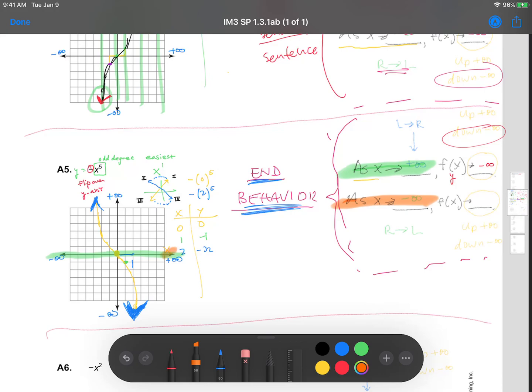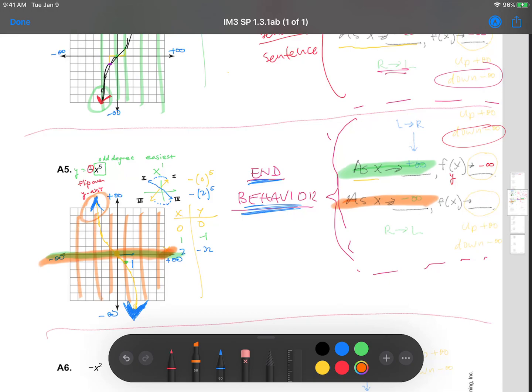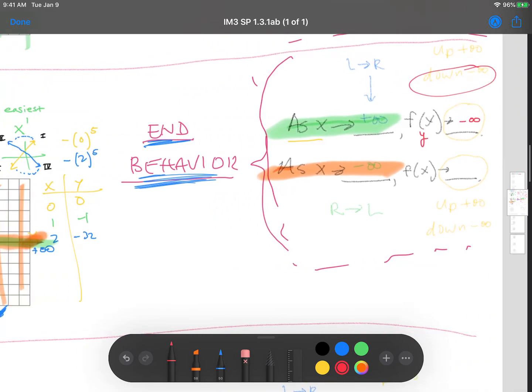We're going from this direction to this direction. We're just going to notice what's happening to our graph. So we go in this direction, and we'll see that the graph finishes what? Up. So let's write that. We finish up, which is positive infinity. So filling out that blank there is essentially your end behavior.